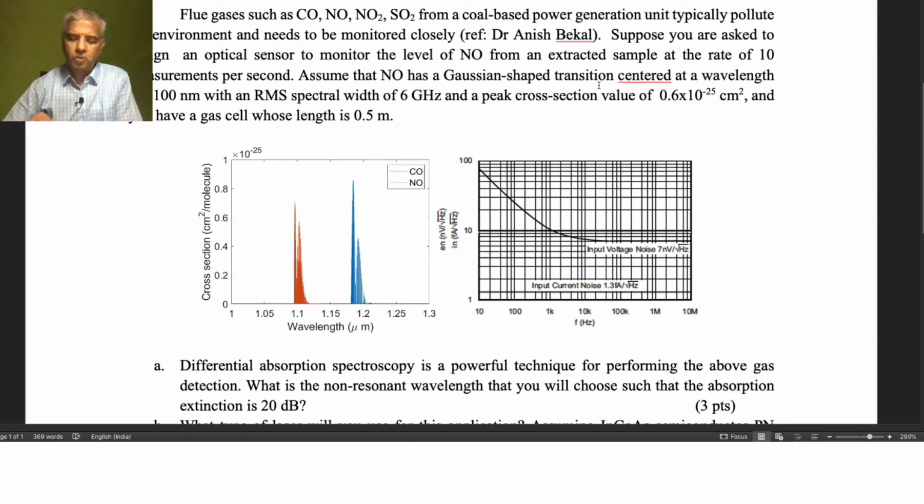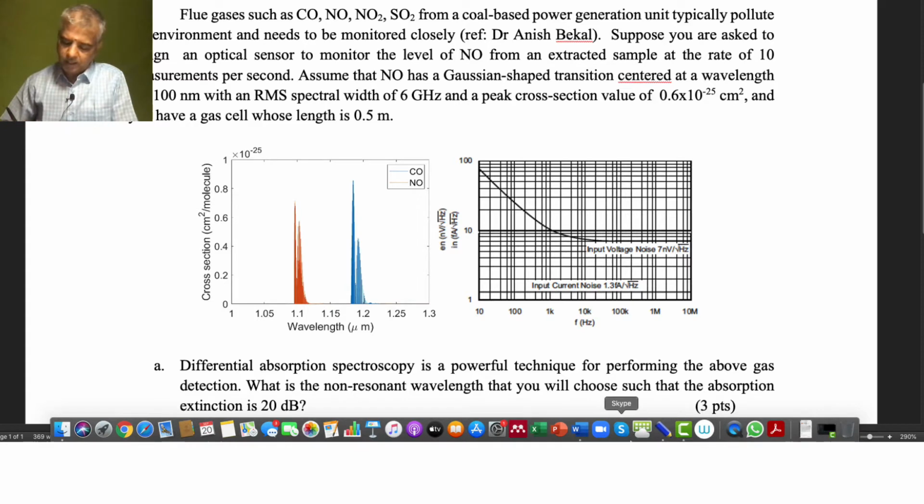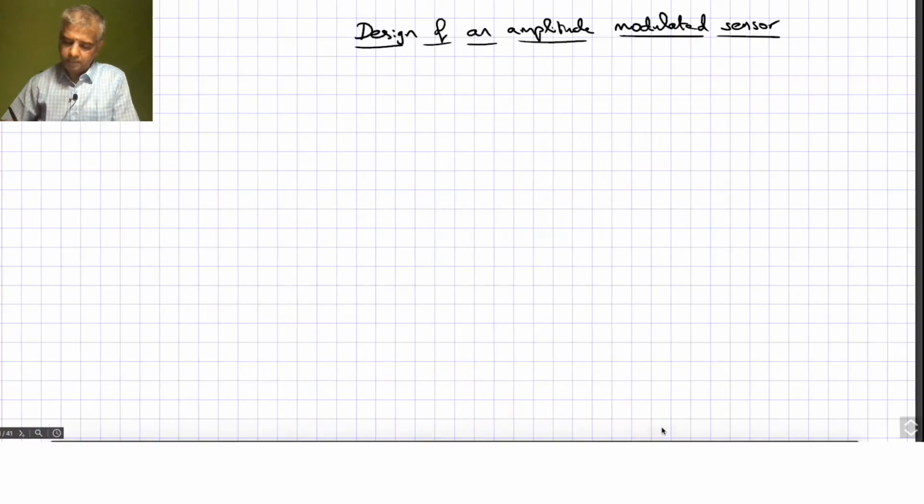It's mentioned this is an extracted sample, so you can have the sample in a gas cell whose length is 0.5 meters. So we ought to go and design such a system. So let us go ahead and try to do that.